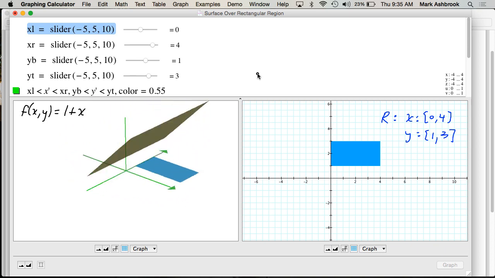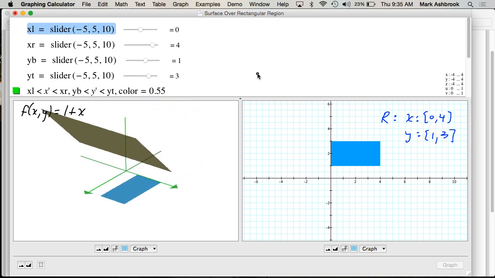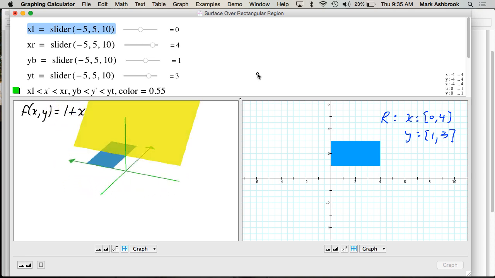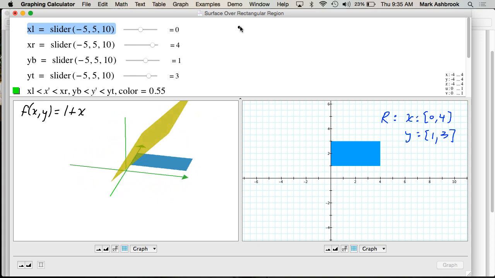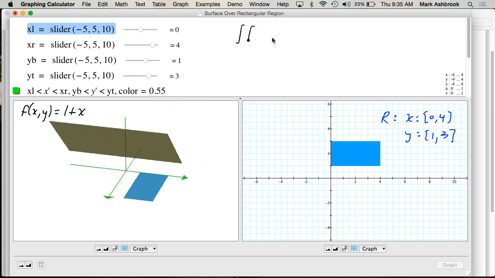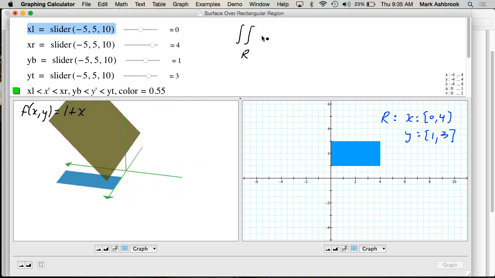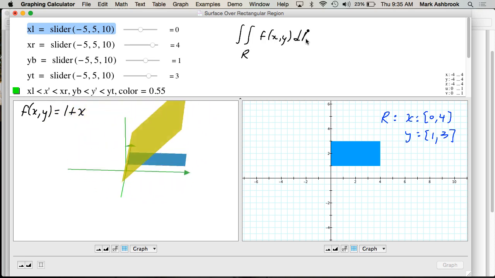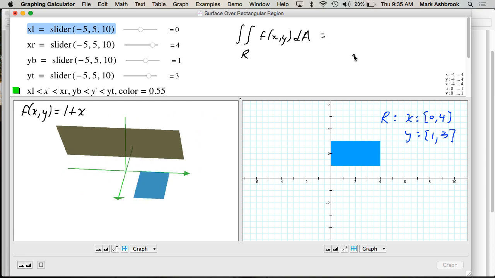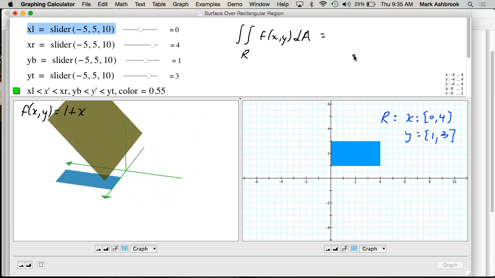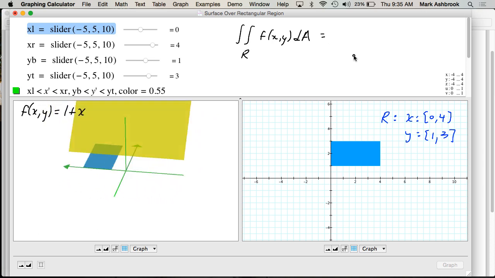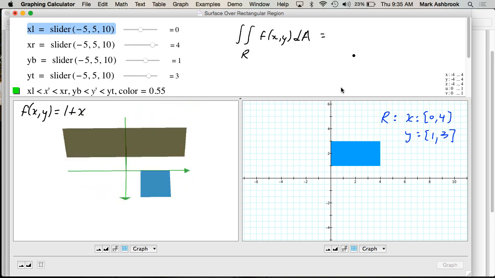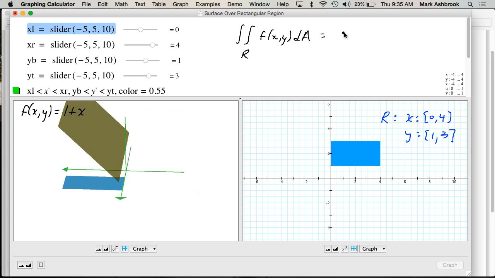That function could be a rate of change of some quantity with respect to two variables. And then we could say the double integral over R of f of x,y dA. That's a generic way to write the double integral over a region R of some function dA.